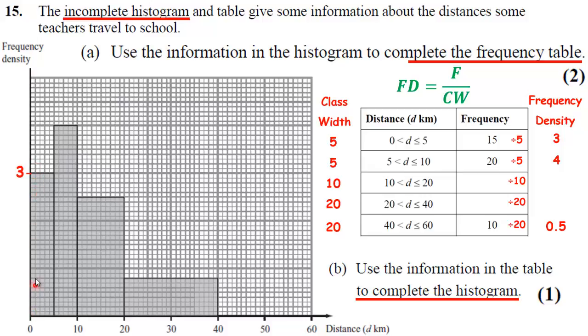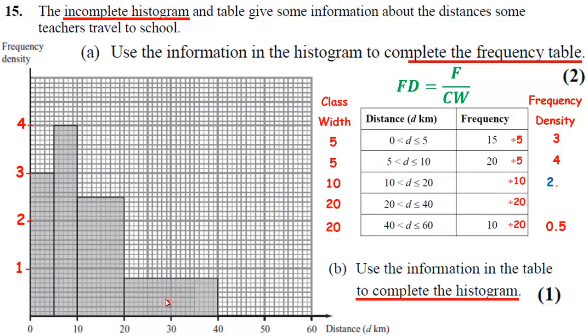The scale goes 1, 2, 3, 4. The second group, 5 to 10, has a frequency density of 4, which confirms that I am right. Now I can use this to work out the frequency densities for the other two missing groups.